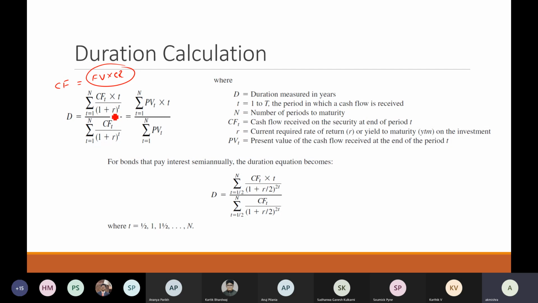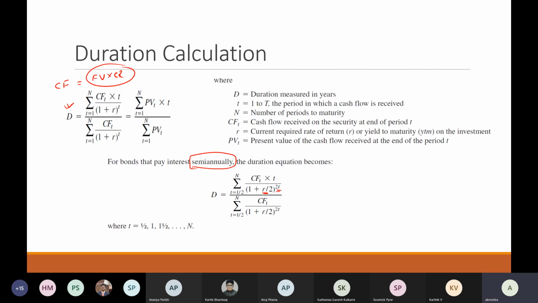You can assume that in this scenario payments are made on an annual basis, and that's why there is no adjustment. Whereas here, this is a semi-annual payment bond, so we are adjusting for time and adjusting for interest rate.